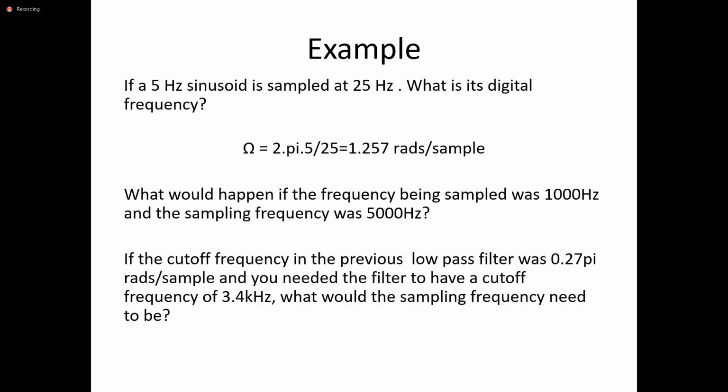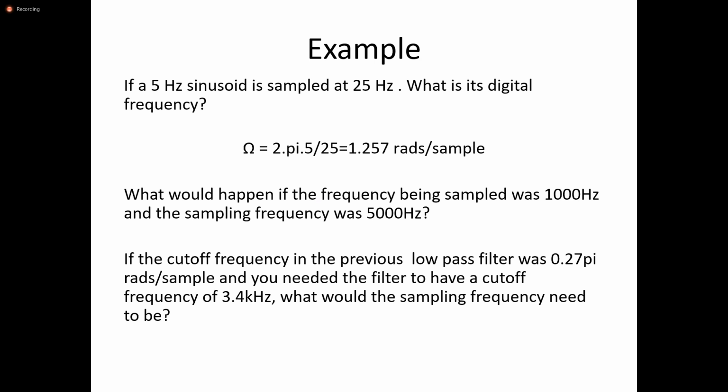That's the cutoff frequency in the DSP. The cutoff frequency in the real world is 3,400 hertz. So 0.27 pi equals 3,400 hertz.